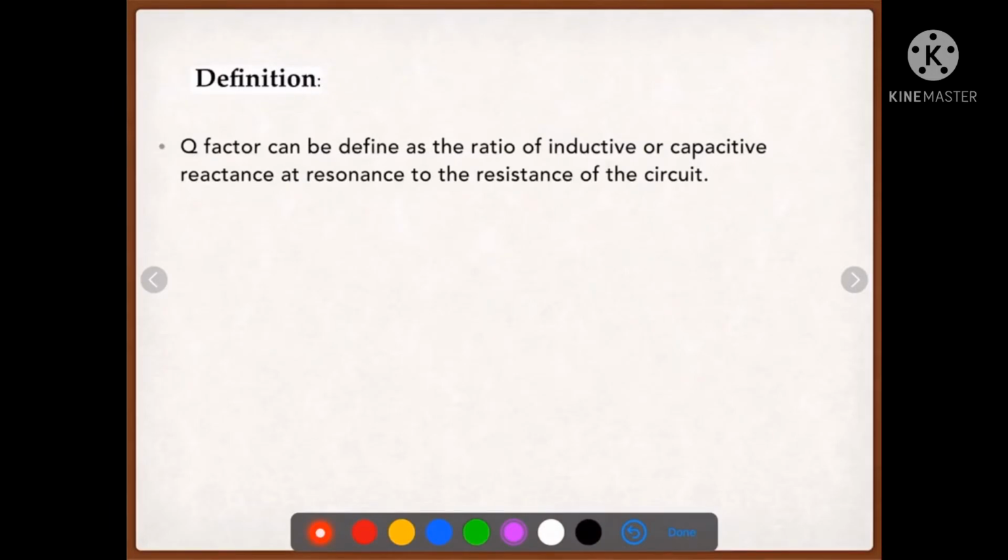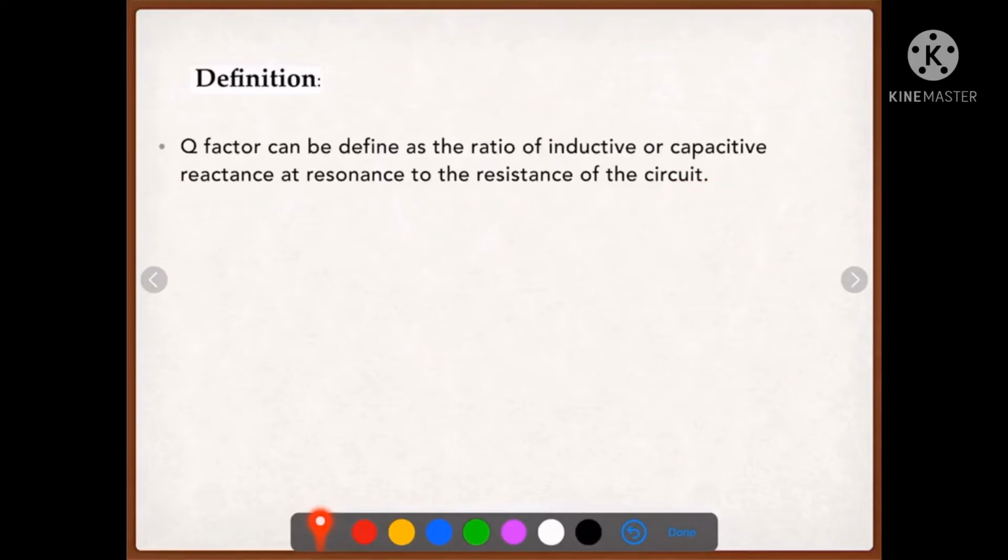So the very basic definition: Q factor is also known as quality factor. Quality factor can be defined as the ratio of inductive or capacitive reactance at resonance to the resistance of the circuit.